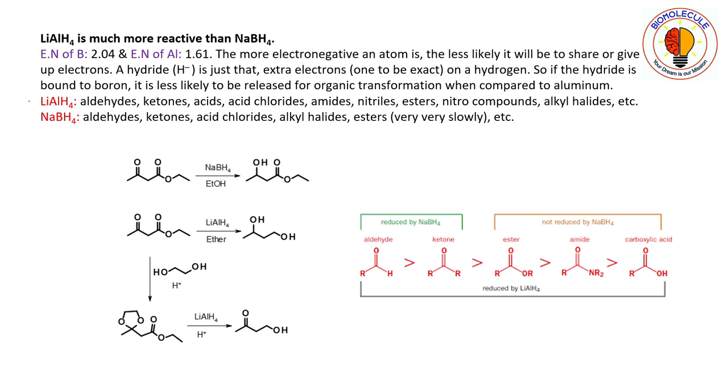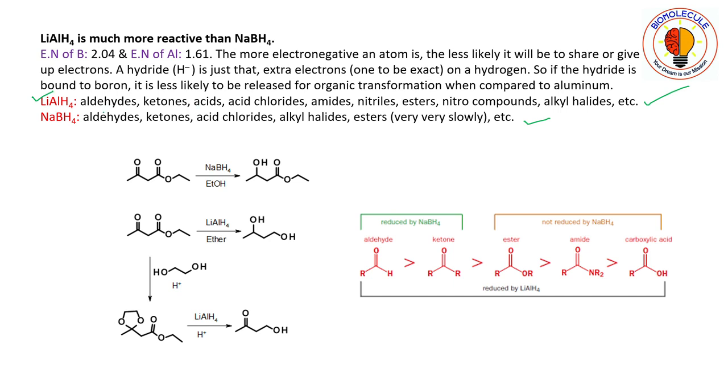Now these are the functional groups which lithium aluminum hydride reduces, and these are the groups which sodium borohydride reduces. You can see that lithium aluminum hydride reduces many more groups, as it is a stronger reducing agent than sodium borohydride.